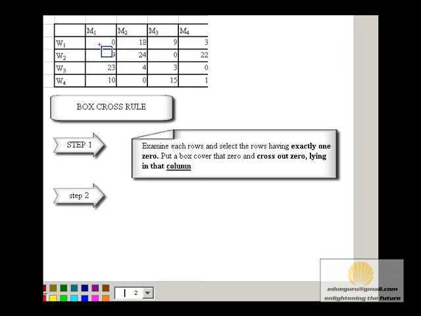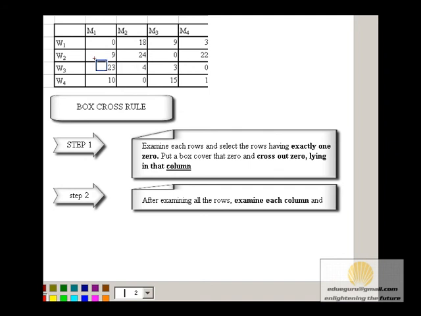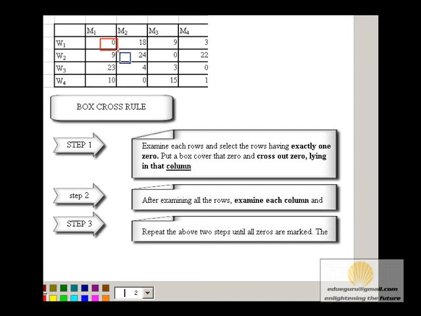After repeating the step for all the rows, we'll follow the same for the columns. Now in this sum, in the first row we have 1 zero. So we'll box that 0, and since there is no other 0, there is no question of striking out other zeros.